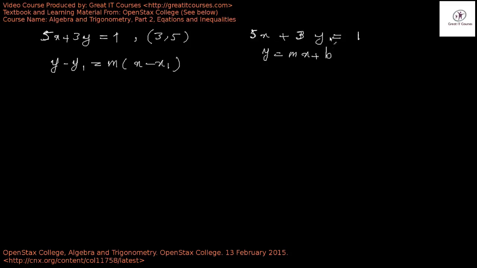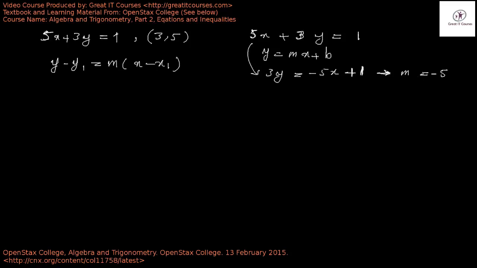So I keep my y over here and move the x to the right side of the equation. So then this equation becomes 3y is equal to minus 5x plus 1. This goes to the other side and becomes minus 5x plus 1. So now this basically means that my m is equal to minus 5, because it's the coefficient of x.